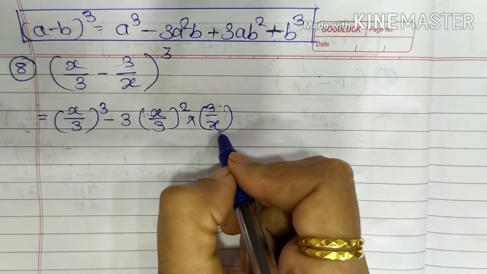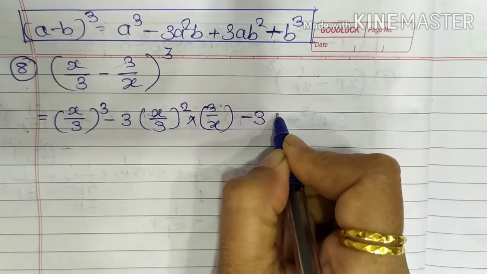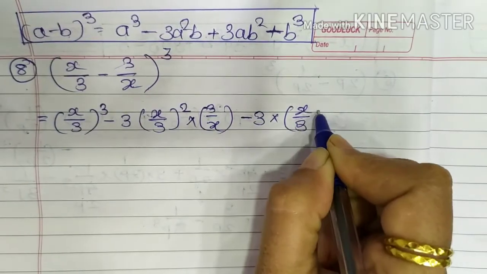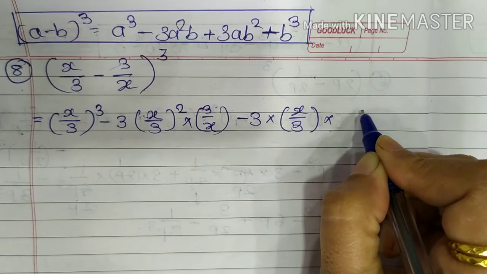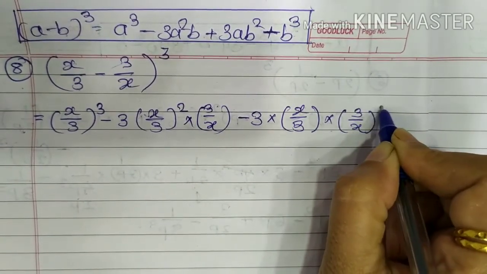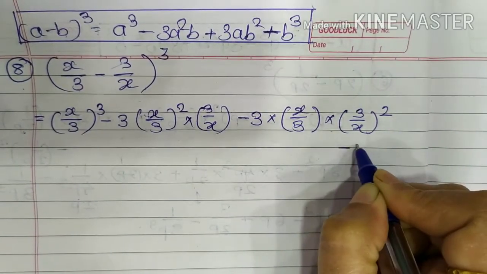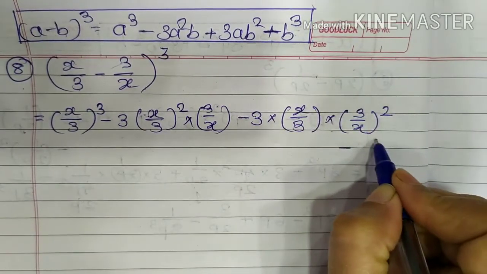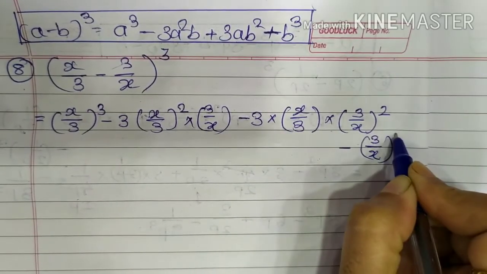This is the second term, plus 3 into first term x upon 3 into square of second term, that is (3 upon x) square, minus second term cube, (3 upon x) cube.